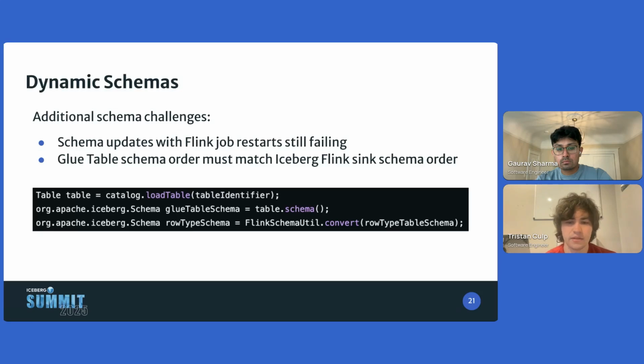At times when we updated the schema, when Flink read it, it was in a different ordering. So we had to reconcile this and add some additional nested logic to make sure that the entire schema matches between what we're trying to write and the schema that exists in AWS Glue. Once we did that, we didn't have any more issues with updating the schemas, and we didn't have to worry about this anymore.